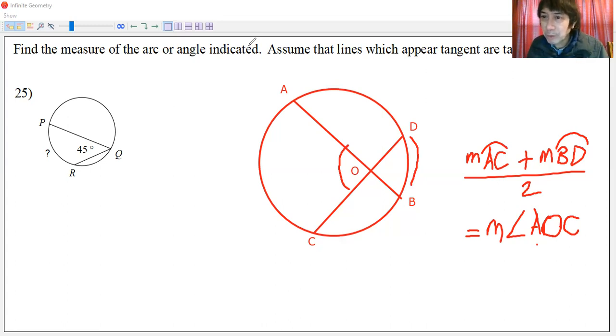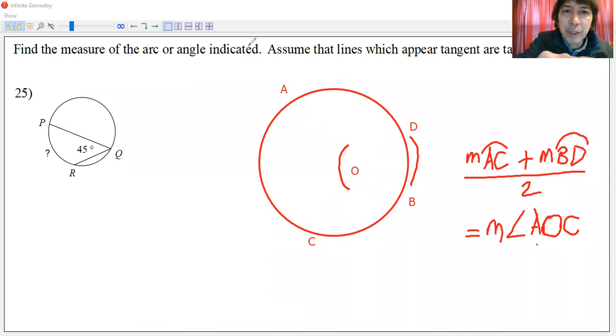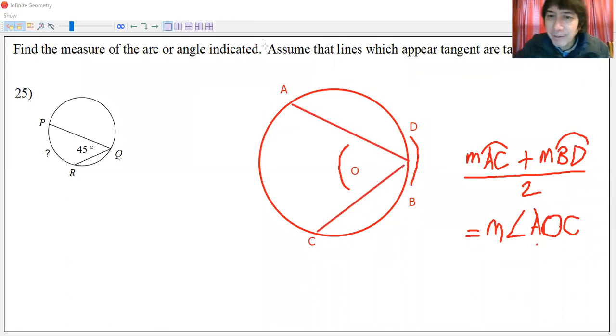The B and the D will merge to one point, and so the picture will now be like this. And your angle AOC will still be AOC, which will still be this angle here.